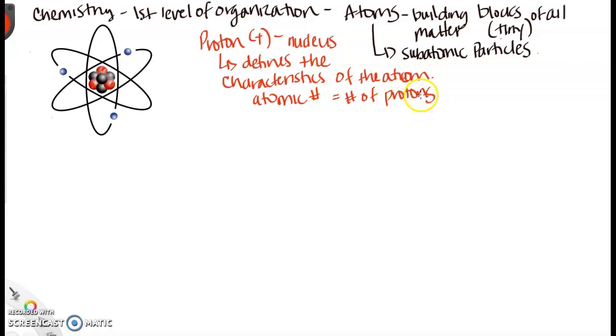So if hydrogen is number 1, it has 1 proton. That's what makes it hydrogen. Okay, it only has that 1 proton. 2 is helium, so it has 2 protons. 3 is lithium, that's 3 protons, that's lithium. And again, that defines the characteristics of that atom. Okay.